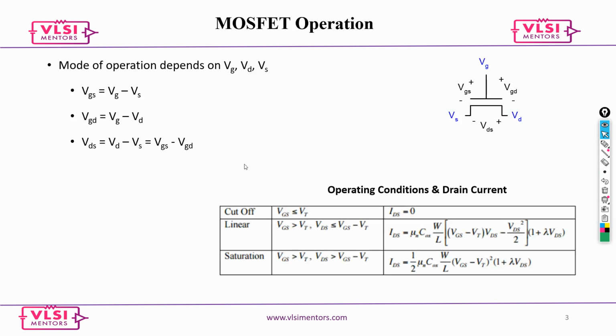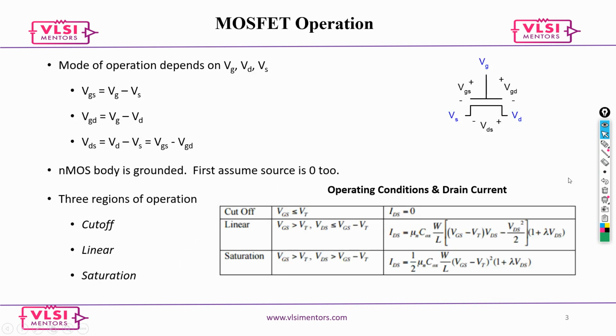Okay. So the modes of operation. When you look at your MOS, there are three modes of operation. One is cutoff, second is linear, and third is saturation. So when you say cutoff, it is basically your gate voltage is less than your threshold voltage. There is something called a threshold voltage.